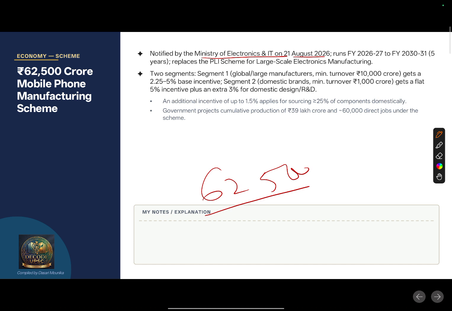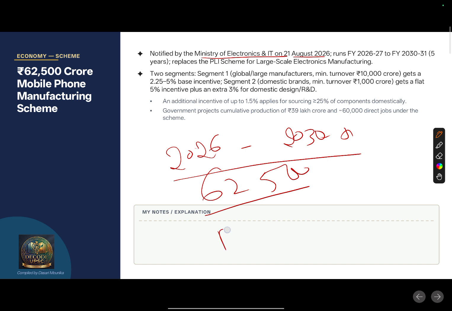It is intended to run from 2026 to 2030-31, replacing the PLI scheme for large scale electronic manufacturing.